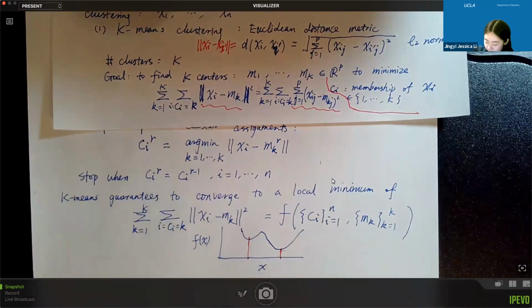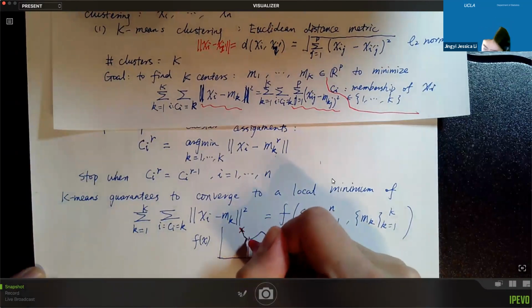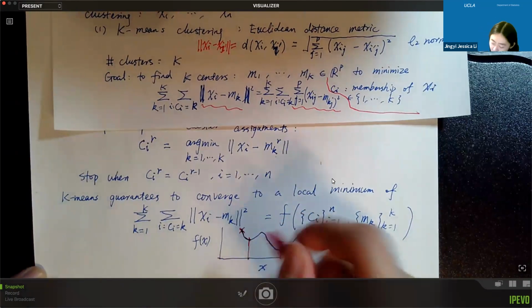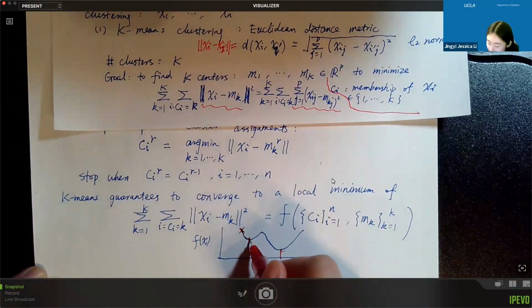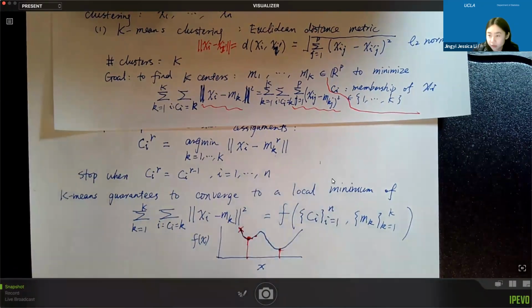However, if your algorithm is like this k-means algorithm, and if you start from here and you go down, down, down, because every step you will always go down, you will not go up here. So you will be trapped at this local minimum and you will never find this global minimum. That's the issue we are talking about here.